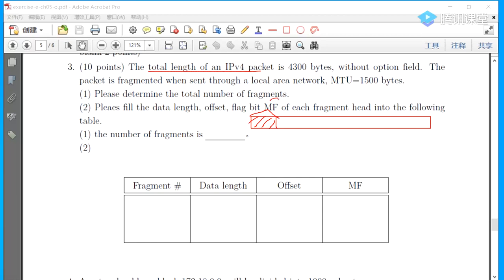The header length is 20 bytes. Now the length of the payload is 4,280 bytes, right? Because the total length is 4,300, right?